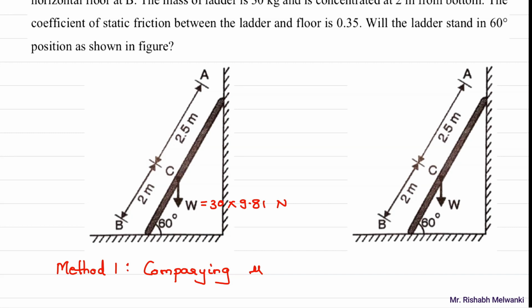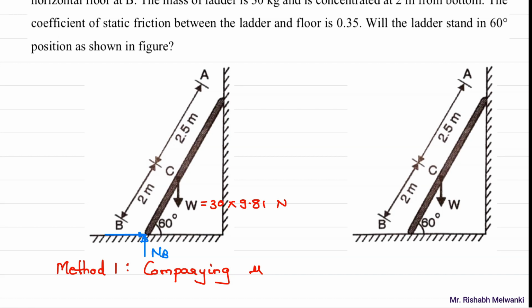So I'll show the friction force towards right. Normal reaction is perpendicular to the surface. So the normal reaction at this location will be, suppose, NB, and the friction force is, since we have to find mu value to compare, I'm going to keep this value as mu only. So it will be unknown.